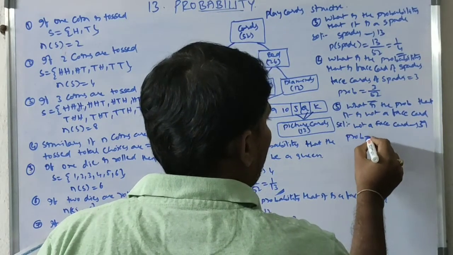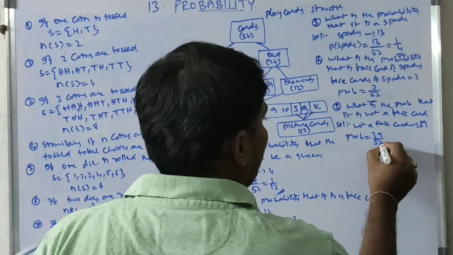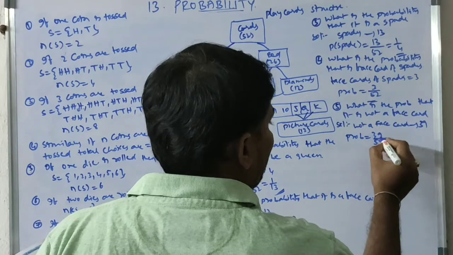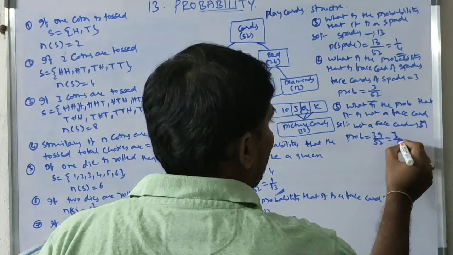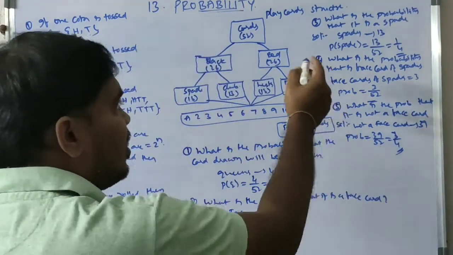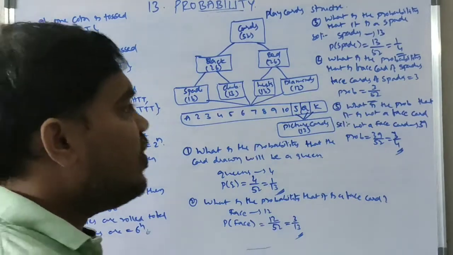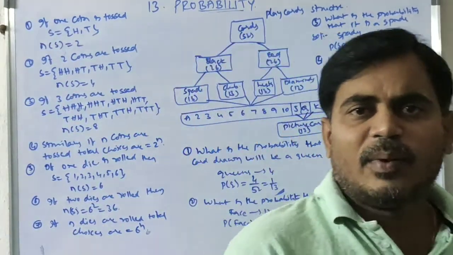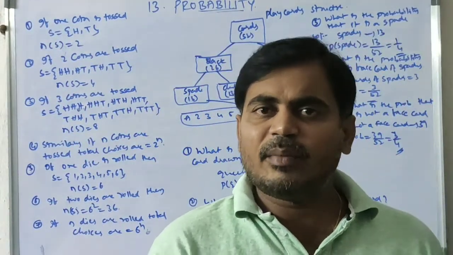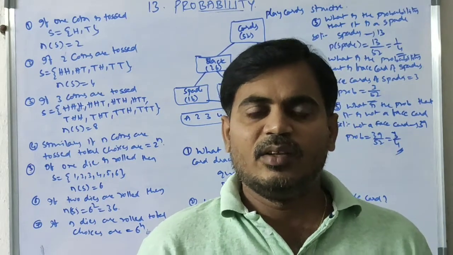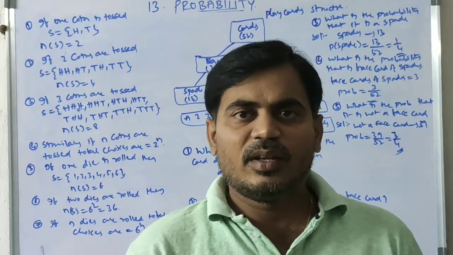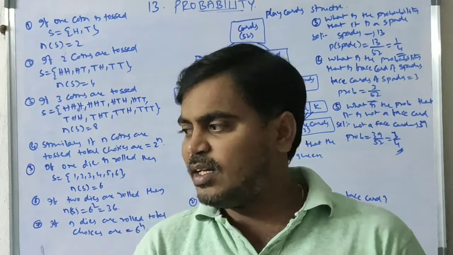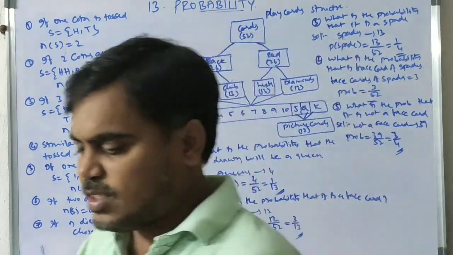Probability equals 39 by 52. Cancel with 13, 3 by 4. Already probability of spade is 1 by 4. Probability of not spade is 1 minus 1 by 4. Complementary. So 1 minus 1 by 4 equals 3 by 4. So this is the solution. Okay. Next.